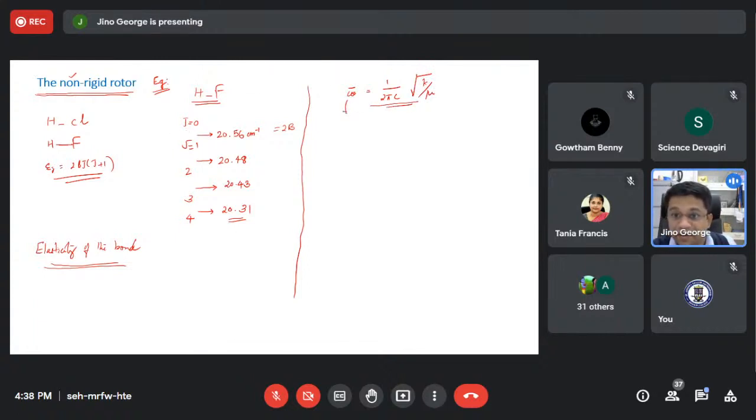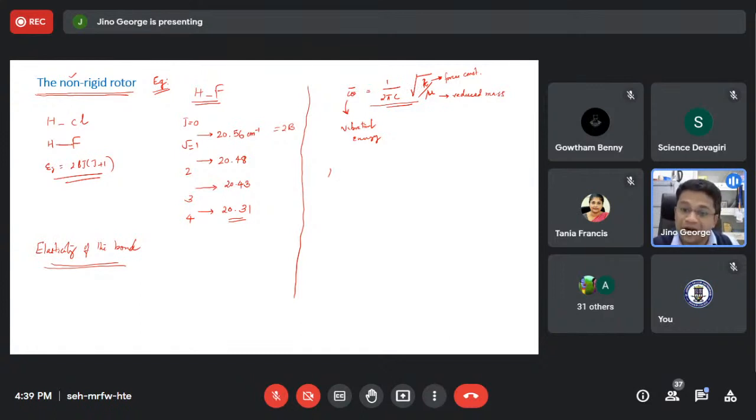So this is the vibrational energy. c is the speed of light, k is the force constant, and mu is the reduced mass. These terms, reduced mass and force constant, come from the simple harmonic model of the parabolic curve of energies, which we will see later.